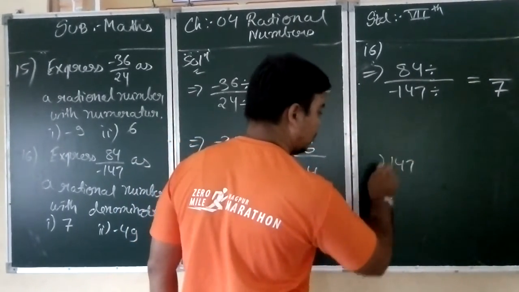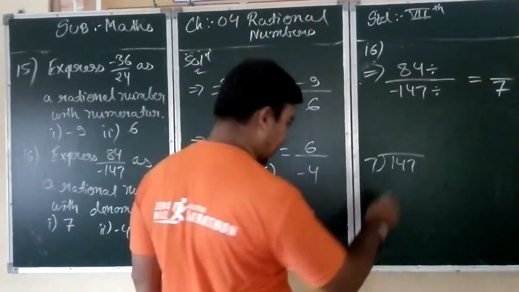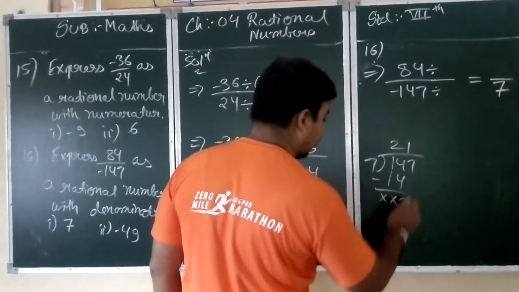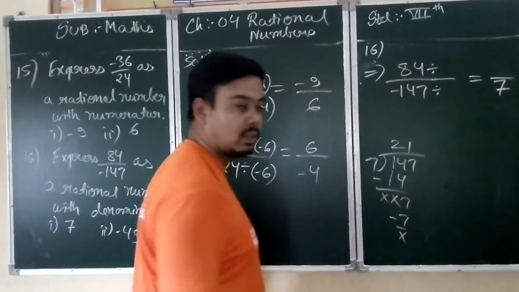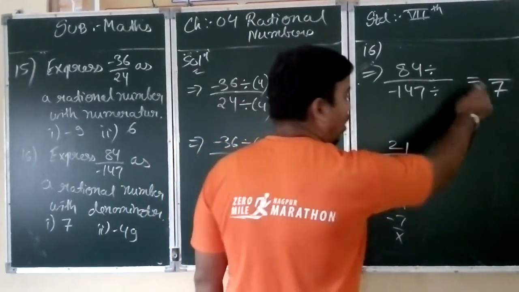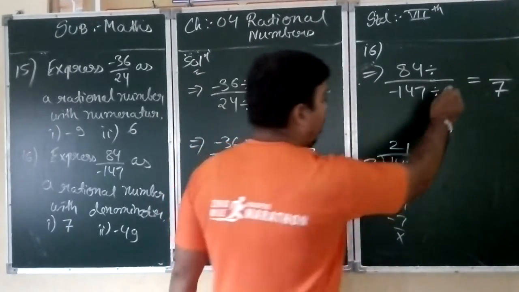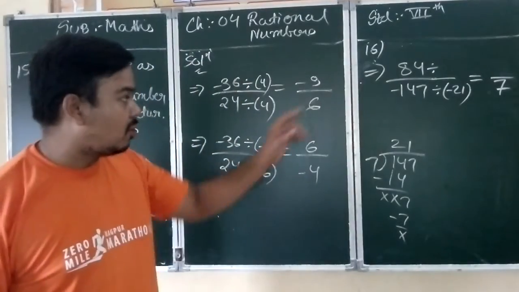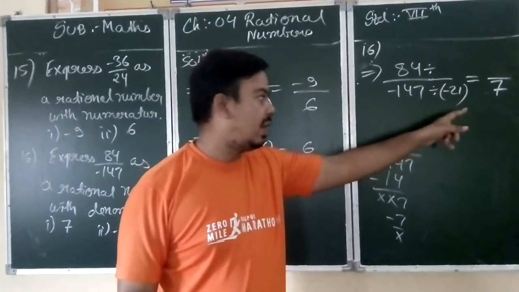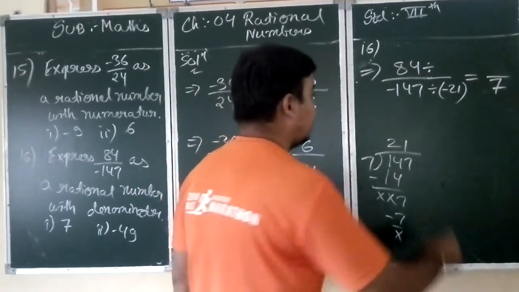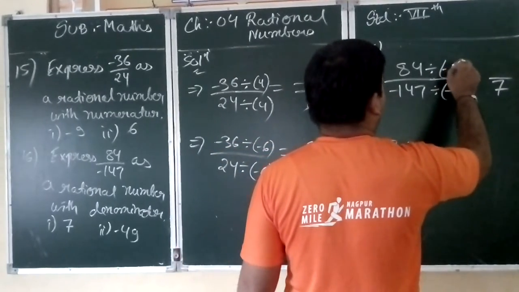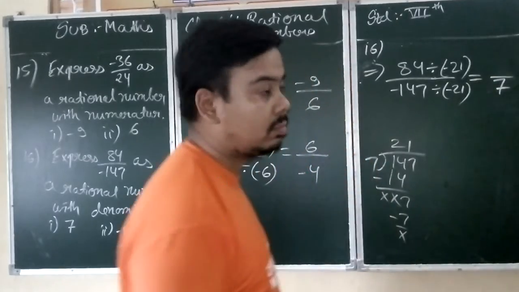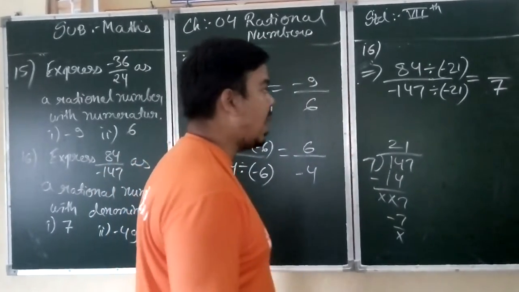You understood? 7 times 7 is 49, 7 times 3 is 21. But it is a positive number, so minus 21. Minus 147 divided by minus 21 gives 7. The same with the numerator: 84 divided by minus 21.